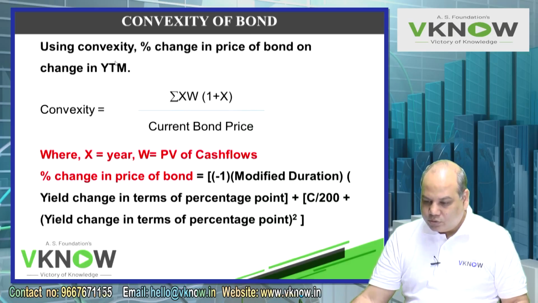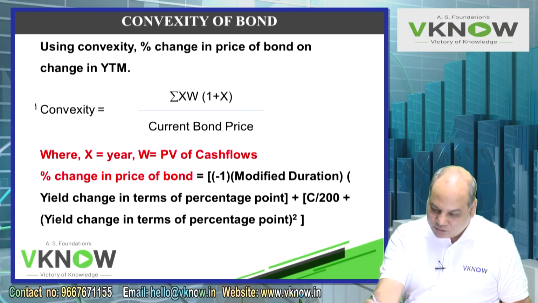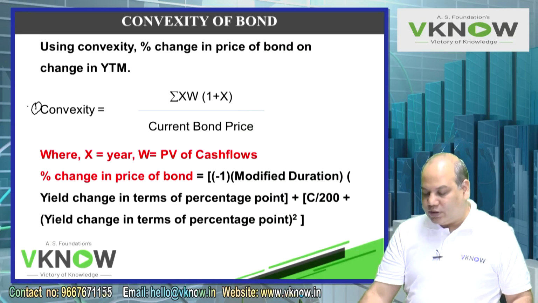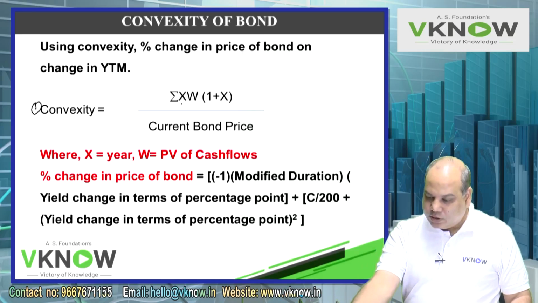Using convexity, we find the percentage change in the price of the bond on change in YTM. There are two steps involved. First find convexity.